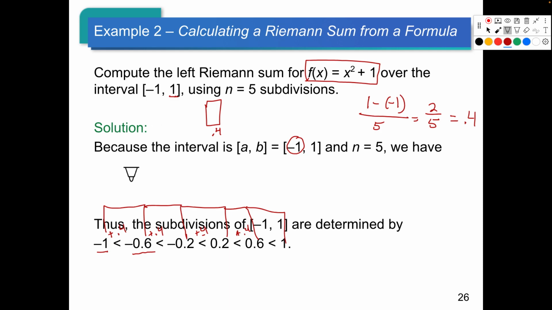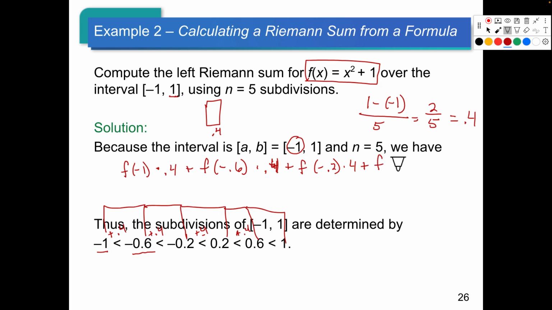Okay, so what we need is f of -1 times 0.4 plus f of -0.6 times 0.4 plus f of -0.2 times 0.4.